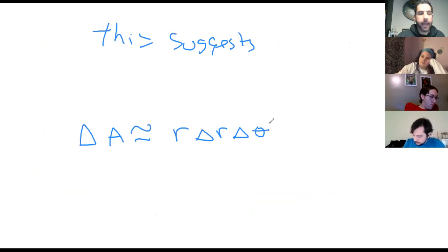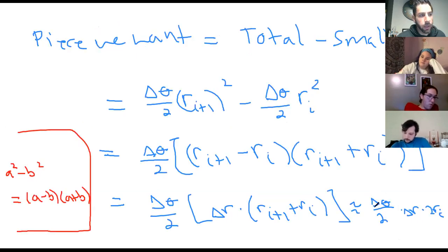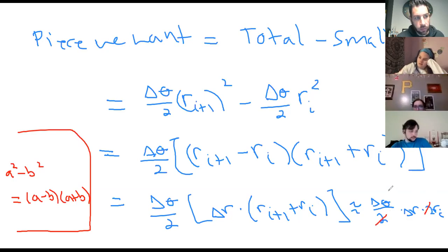So again, if you go back one page, that's what you see in the bottom right. You have delta theta over 2, but these 2's are going to cancel. If I take my red marker, that 2 and that 2 cancel, and I'm left with delta theta times delta r times r sub i, or r sub i plus 1.